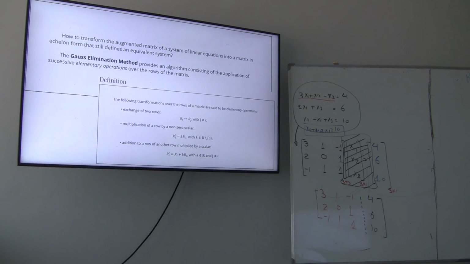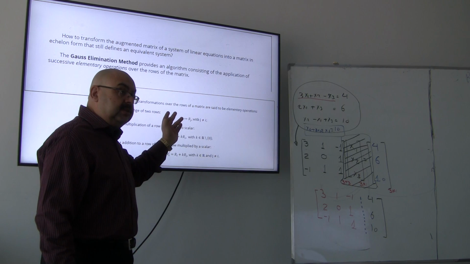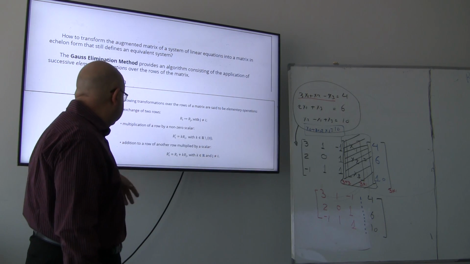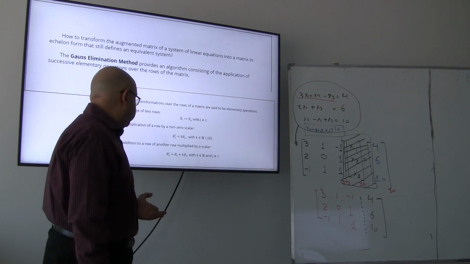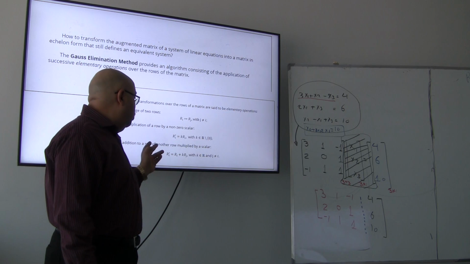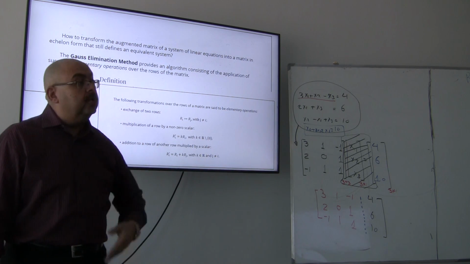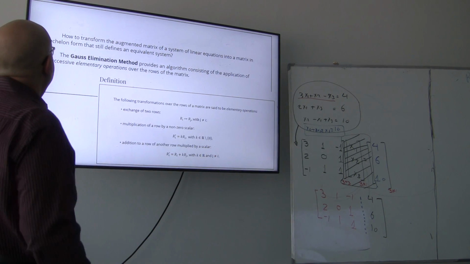This is where the 3 operations come from: changing 2 rows is not going to make a difference in the augmented matrix. Multiplication of a row by a non-zero scalar makes no difference; you have an equivalent row. Addition of a row to another, or multiplied by a scalar, is not going to make a difference, and gives an equivalent row to the main one.